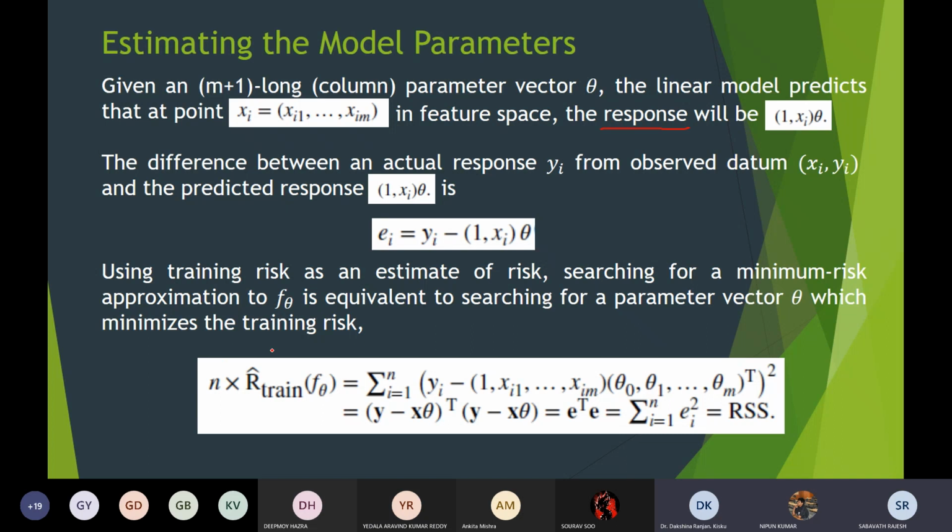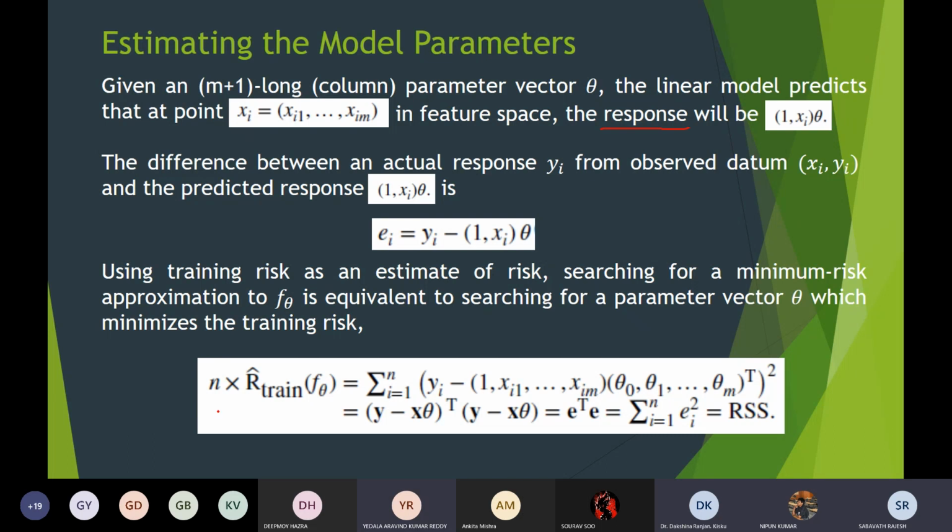In terms of this estimated loss and the deviation between the actual value and the predicted value, we can define the training risk, which will minimize the error in the regression model.